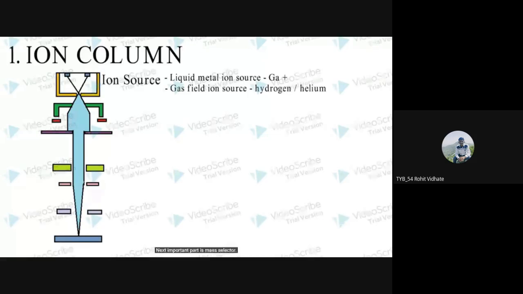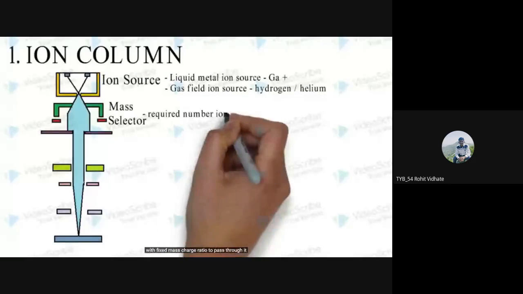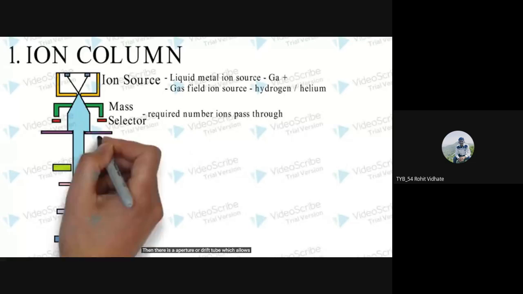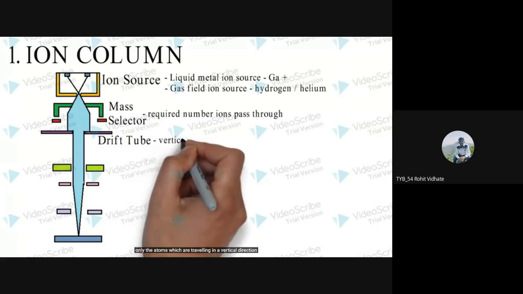The next important part is the mass selector. It is a setup that allows only the required ions with a fixed mass to charge ratio to pass through it for the machining process. Then there is an aperture or a drift tube which allows only the atoms traveling in a vertical direction.